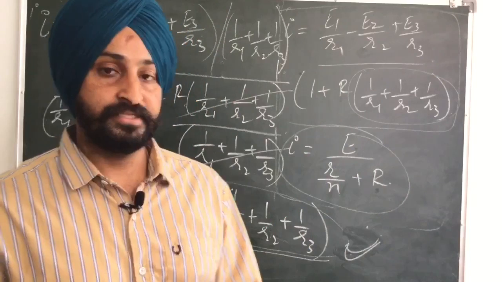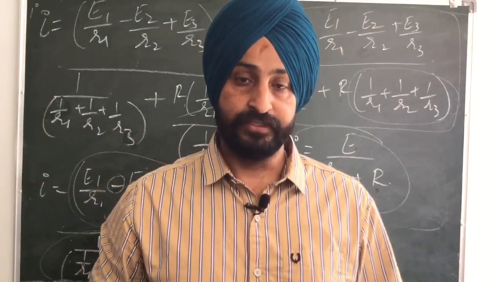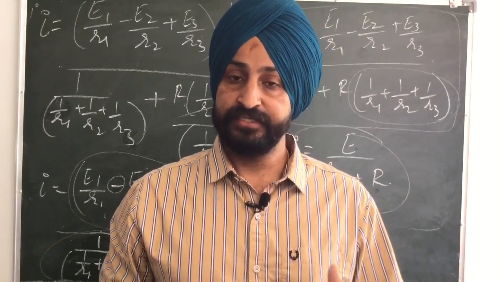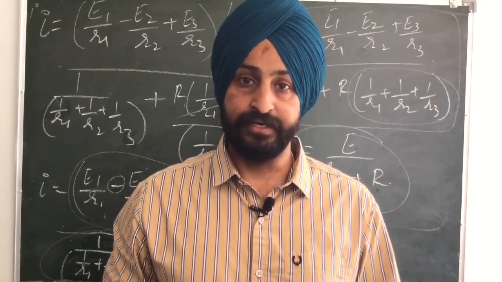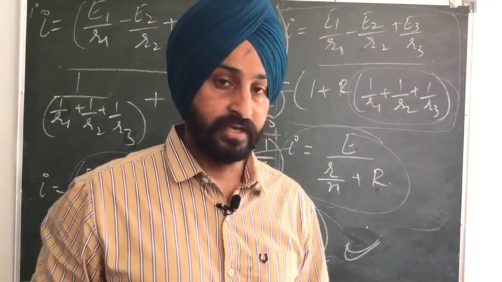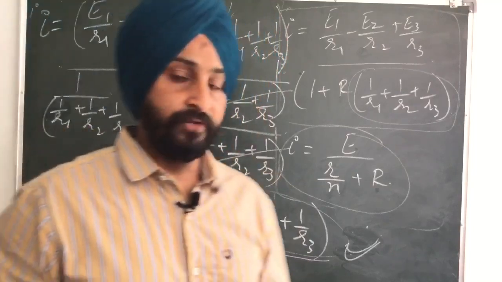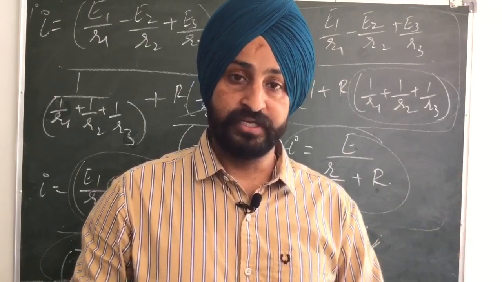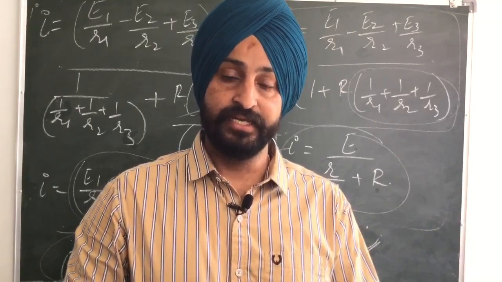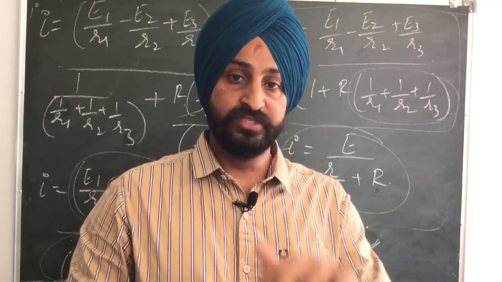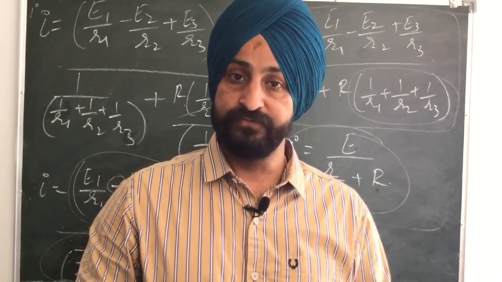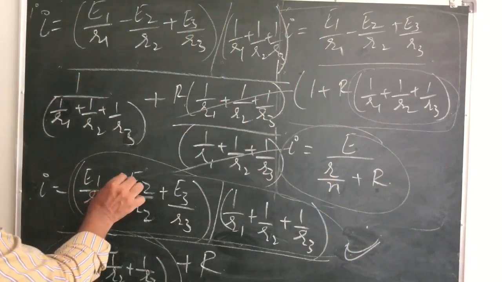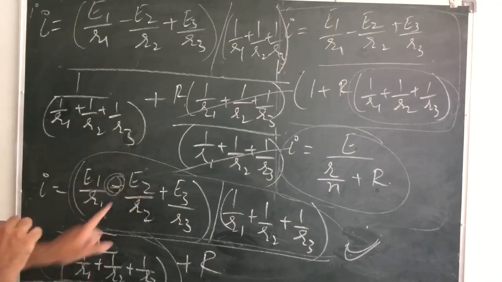In the second case, we did the method of parallel combination in which different cells have different EMFs and different internal resistances. And this is our third case, in which we have taken all cells connected positive to positive, but only one cell was taken in opposite order, whose negative was actually connected to the positives of the others. So in that case, this is the only difference, a negative sign in front of its EMF.